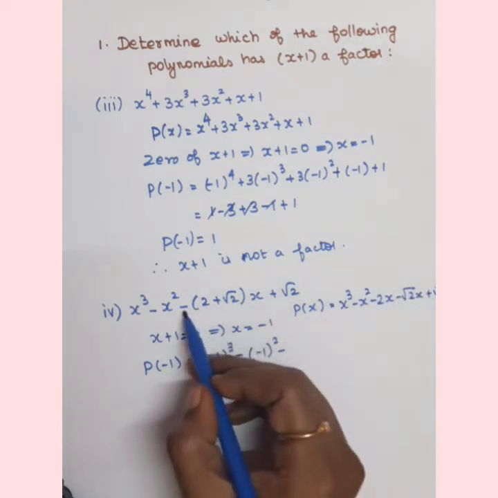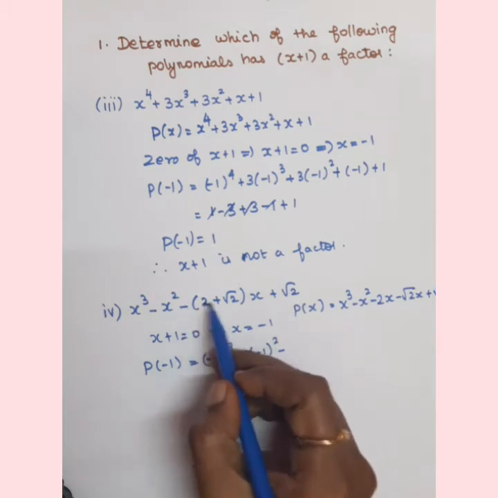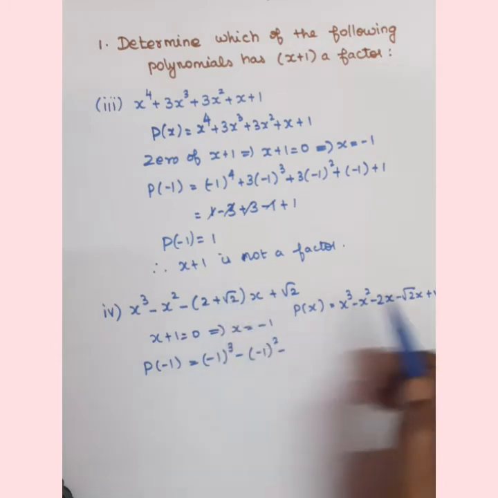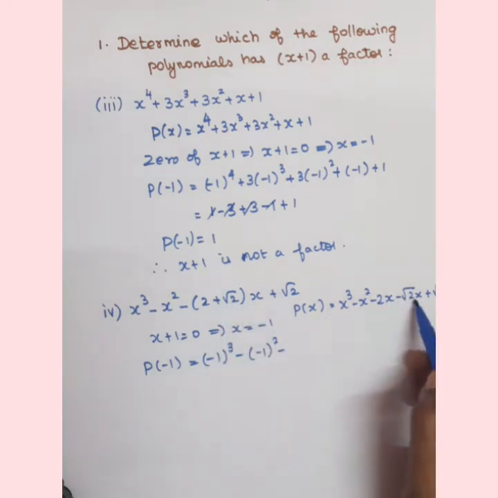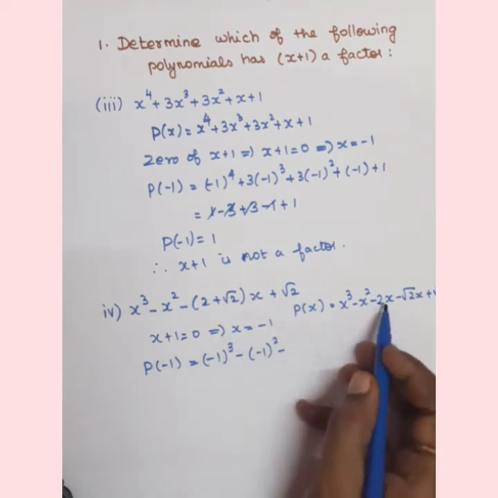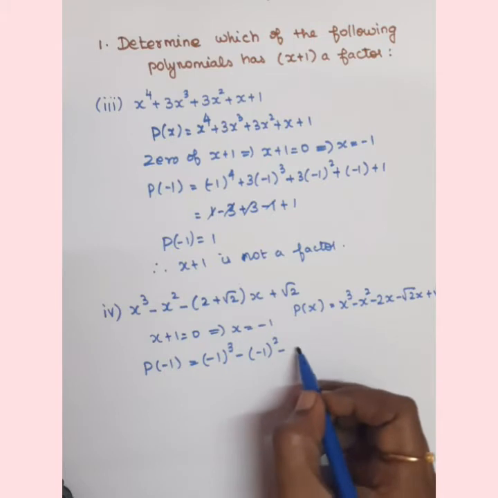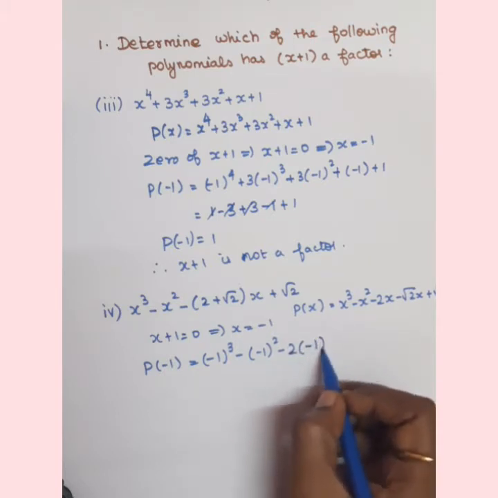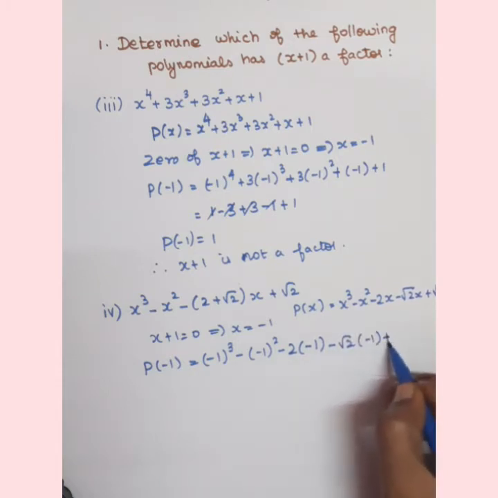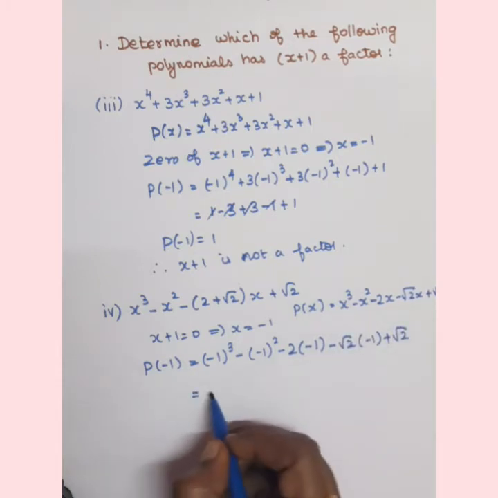Here you have minus symbol, minus into 2x, and you have minus into root 2. So I have written it as minus root 2x. Therefore, minus 2x is 2 into minus 1 minus root 2 into minus 1 plus root 2.